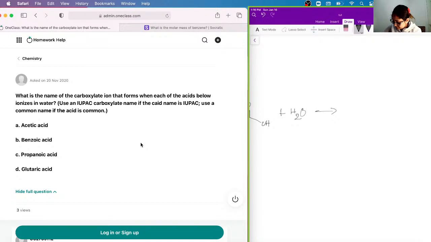and it will form, as usual, your hydronium ion. Oh, sorry.